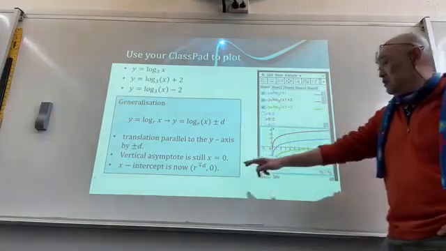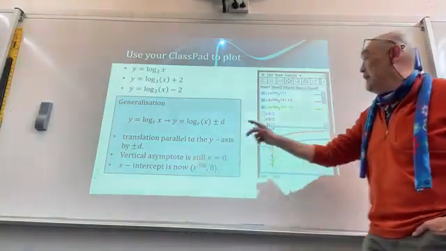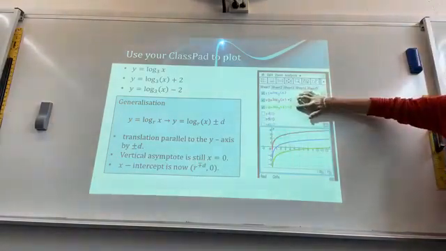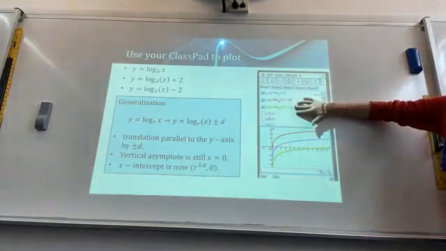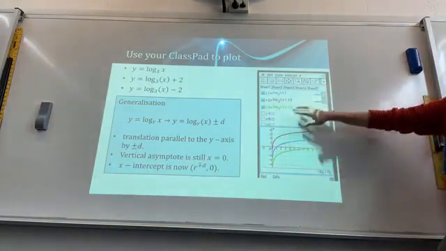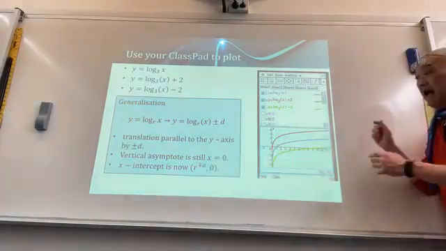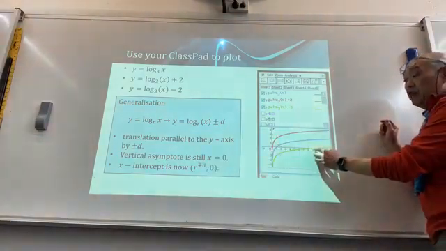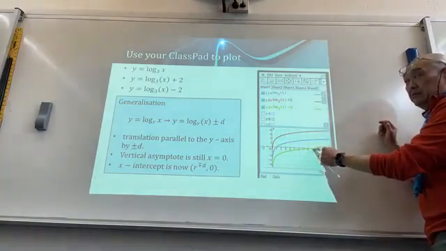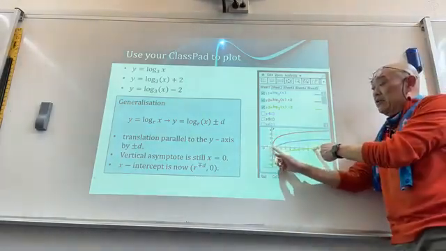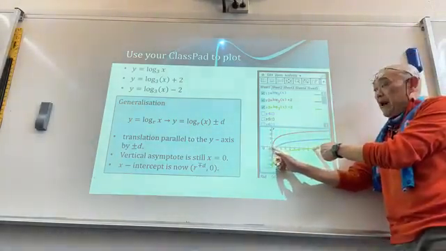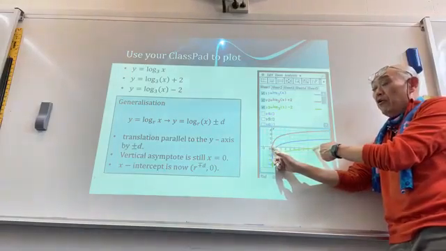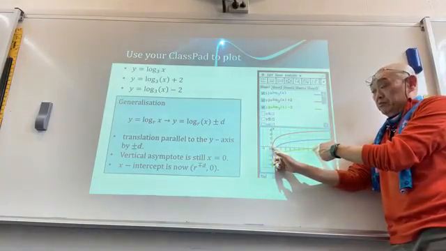So here, you can see that when this is moved down by 2, the x-intercept is now r to the power of 2, which is 9. Whereas this is r to the power of minus 2, or 3 to the power of minus 2.